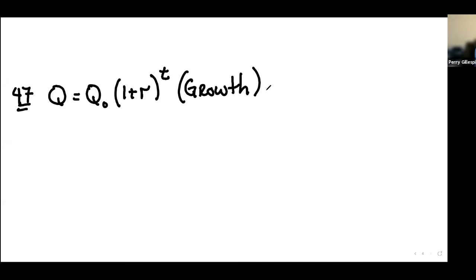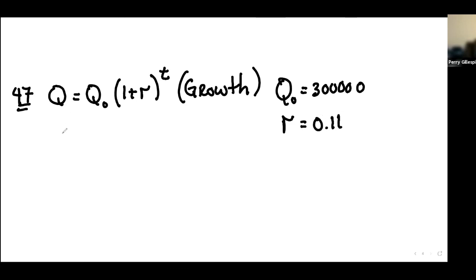The starting point in 2000, they tell us, was 300,000. So Q naught has a value of 300,000. They also tell us that R was increasing at an average rate of 11%. So R is equal to 0.11.